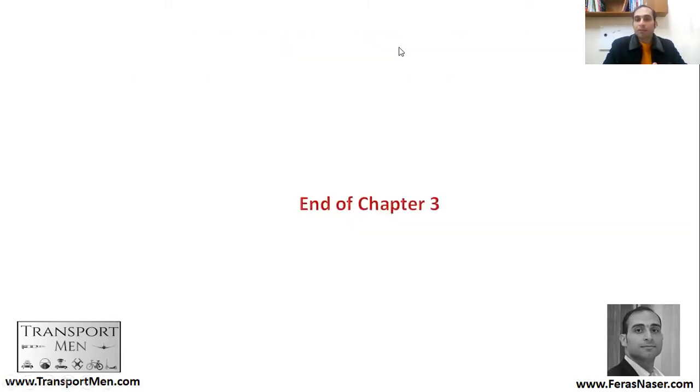This was the end of chapter 3, the end of railway traction systems. If we start from the beginning, we talked about AC power supply, DC power supply. We talked about traction packages. We talked about motors, AC motors and DC motors. We talked about the braking system.